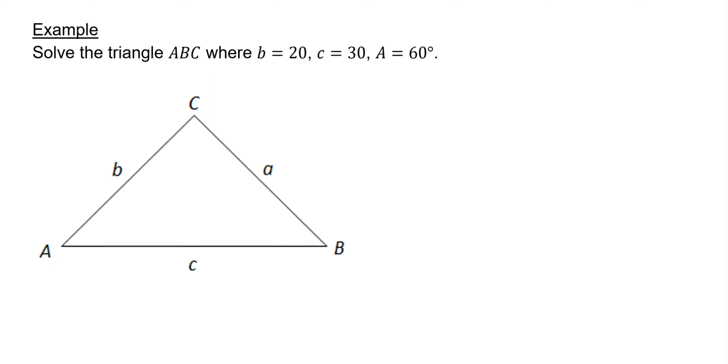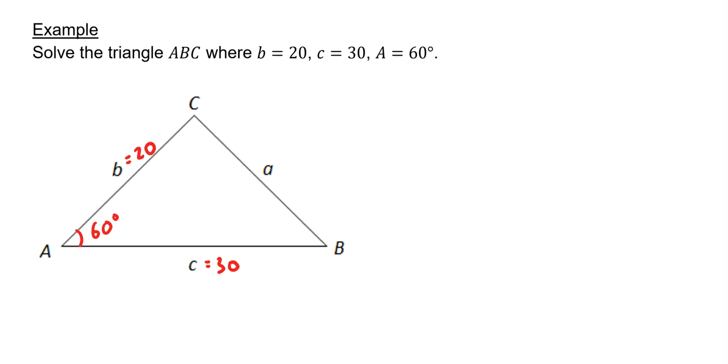So solve the triangle. b is 20, c is 30, angle A is 60 degrees. So let's say we weren't sure what type of triangle this is. Let's label everything so we can figure it out as we go. So side b is 20, side c is 30, angle A is 60 degrees.